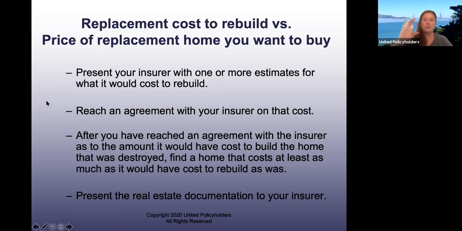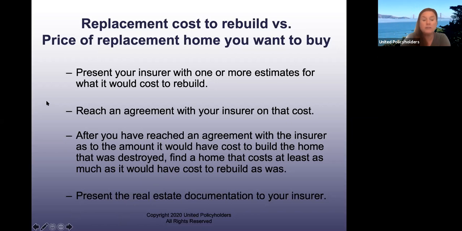So you get your estimates, you reach an agreement on what it's going to cost. Find a home that costs at least as much as it would have cost to rebuild as it was, and send that documentation to your insurance company and say, if I bought this house, I'm thinking about it, would you release all of the money? You don't have to be thinking about it or not.